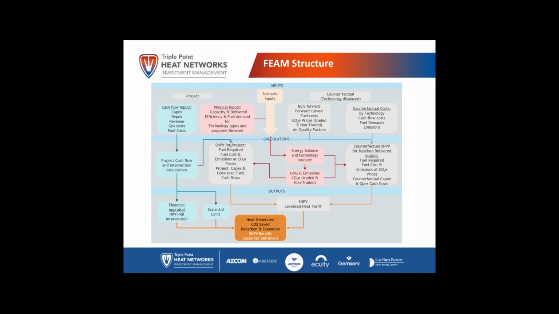Inputs are at the top and outputs at the bottom on this diagram, and on the left we have the project inputs and calculations, and on the right we have the counterfactual calculations and inputs. Right at the bottom we have the outputs that I talked about, which are the heat generated divided by the gross grant equivalent, and the carbon dioxide saved.